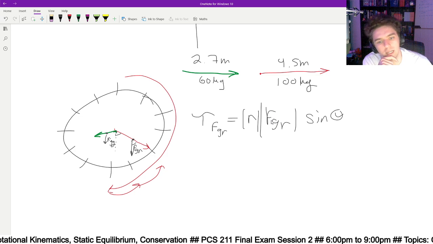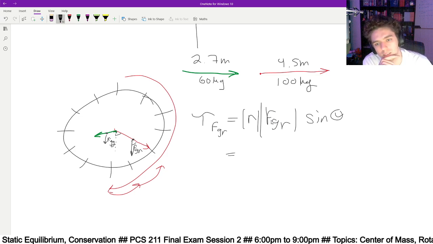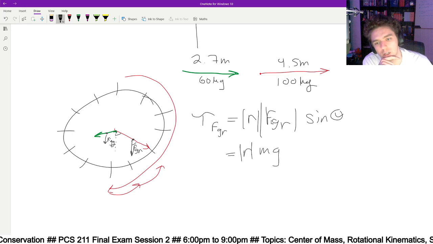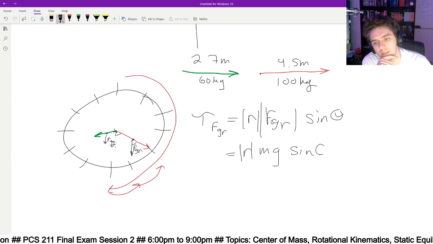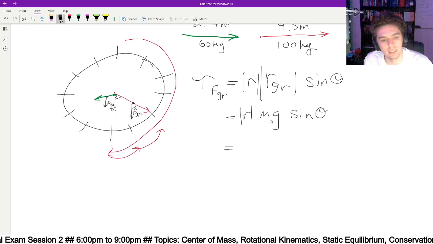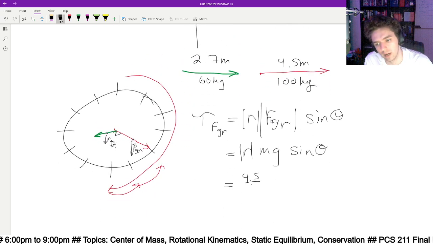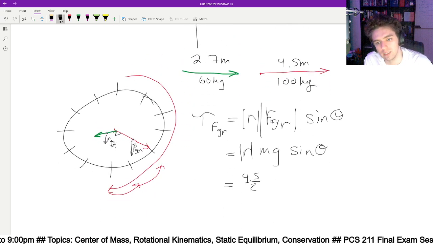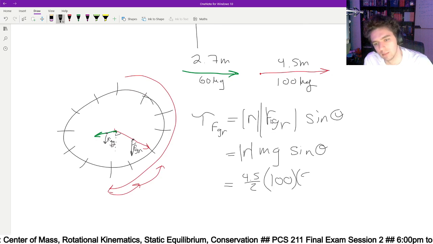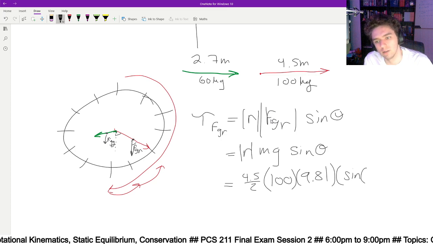So I can just start plugging in. This is going to be, well, for the sake of just writing it, mg times sine of theta. Okay, good. So now r is going to be this radius divided by 2. So 4.5 over 2 times m, which is 100 kilograms, times 9.81 times sine of 120.